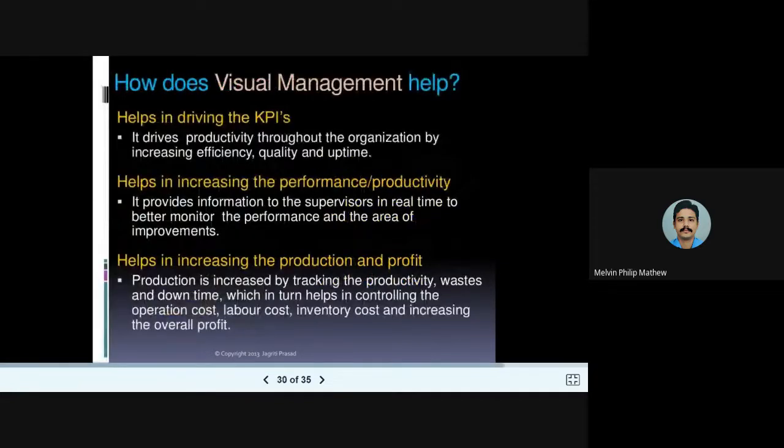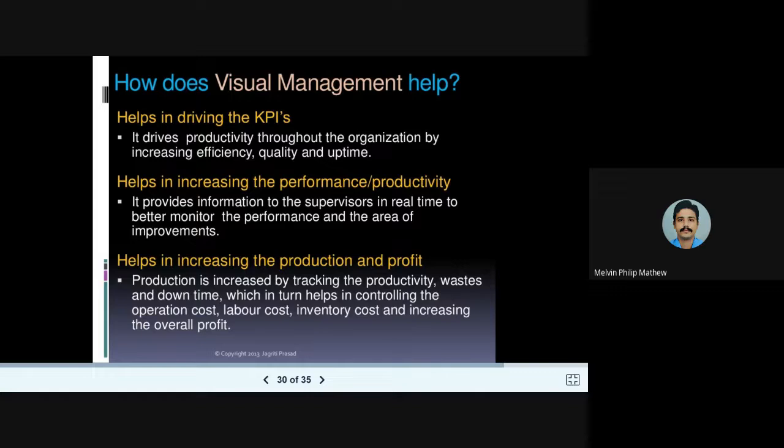Now, how does visual management help us? It helps in driving the KPIs. This is basically a support for key performance indicators. Whatever critical information we obtain from KPIs is then stored for visual checking by means of an email, a PDF file, or paper files.